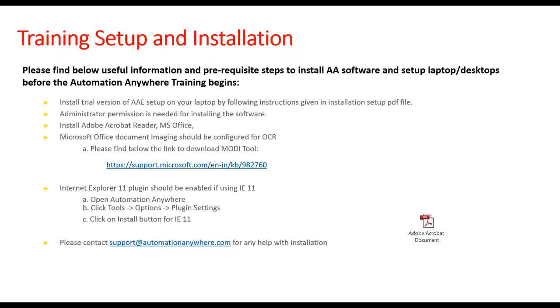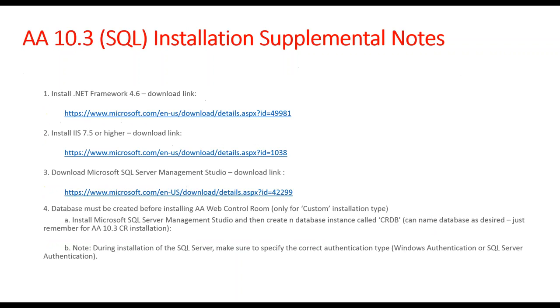If you have a specific requirement of OCR, then you also need to have MODI enabled, and your Intel processor should be i11 or higher. Yes, you can work with i9 as well, but there would be a lot of limitations.